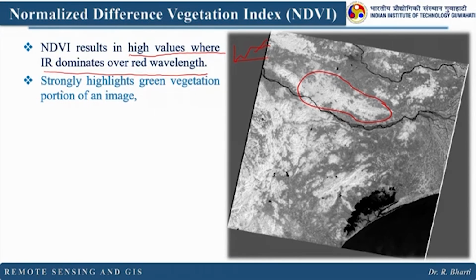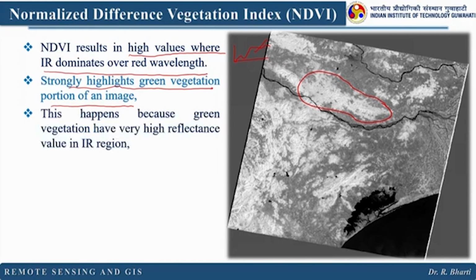The next point is that it strongly highlights the green vegetation portion of an image. So, if your area has green forest, or crops which are in the matured phase, in the matured phase the chlorophyll content will be less. So, you can easily find out the stage of that vegetation or crop using this NDVI.